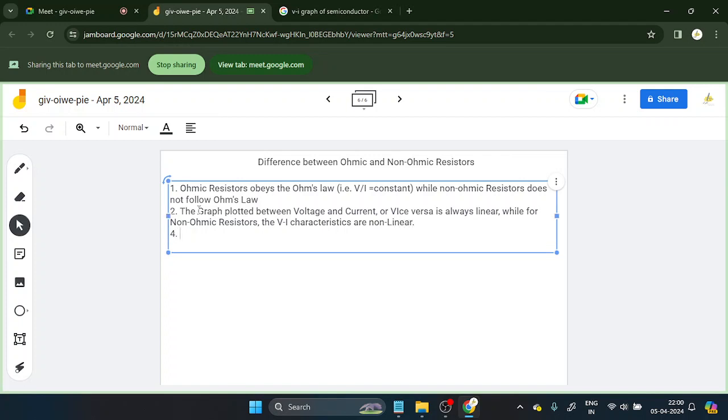Number third point. What is the number third point? Tell me. Slope will be the same, right? Because it is linear, the slope will be the same for all values of V and I. So the slope of the VI graph for ohmic resistors is going to be the same at all values of V or I. Clear?